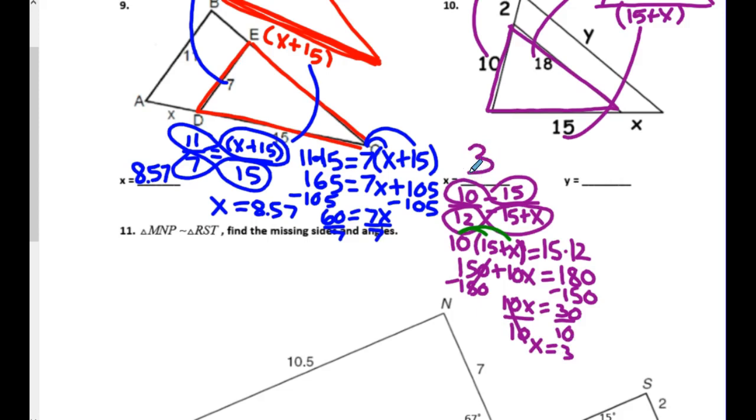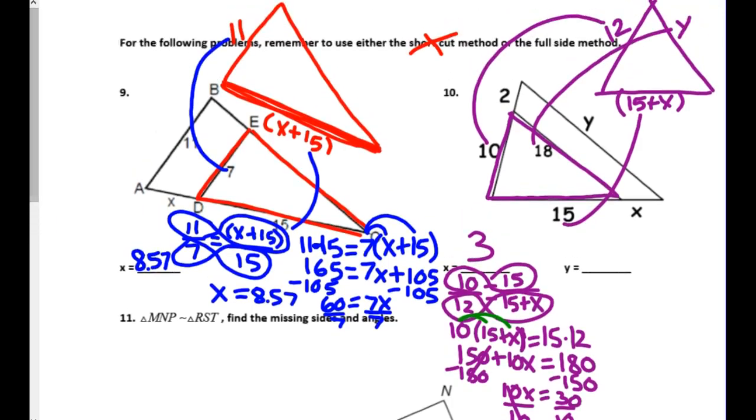Alright. Now I'm going to do that exact same process with my y's. So I'll do this in blue. I'm going to use the same original fraction, 10 and 12, because I know 10 and 12. And that equals 18 goes to y, so it's 18 over y.